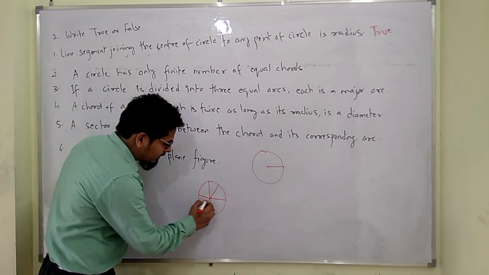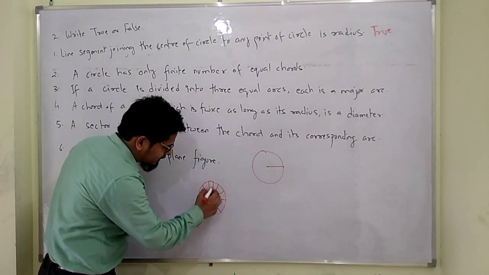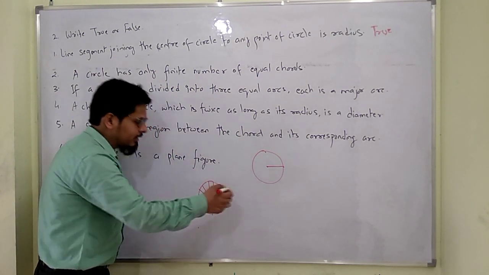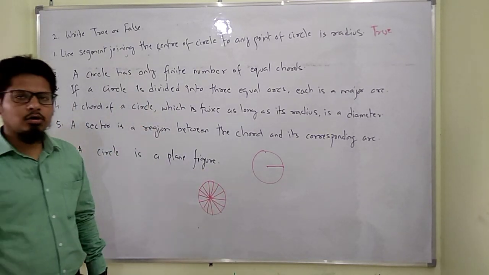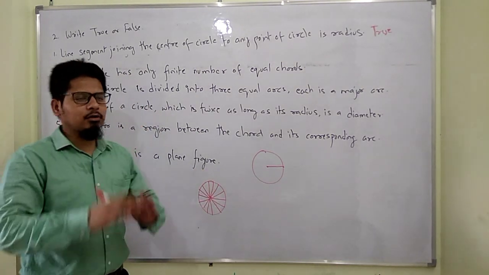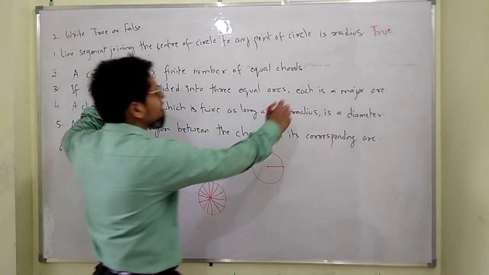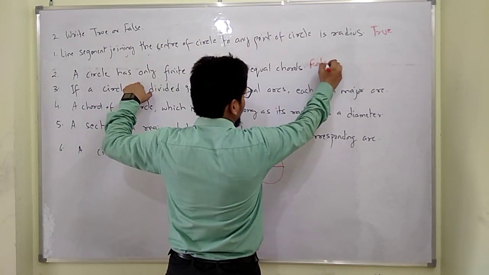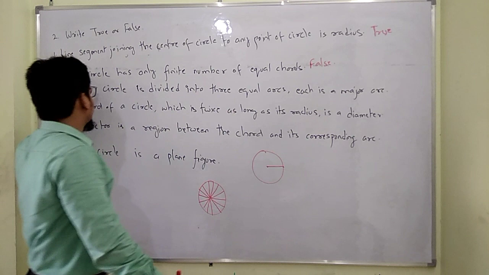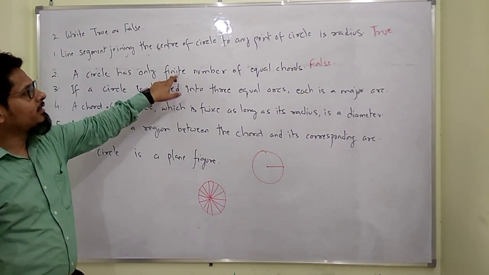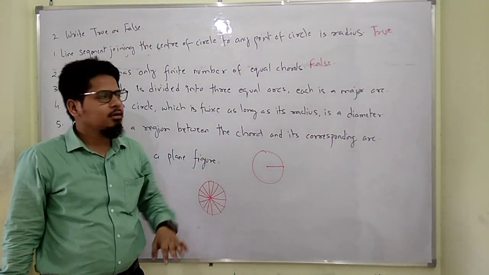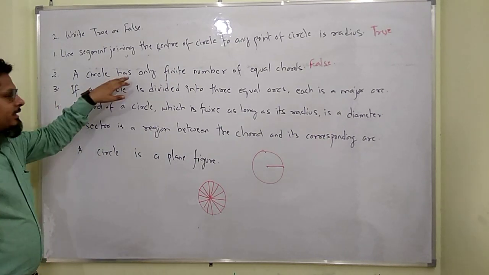So now we can draw infinite chords here. There is no limit to draw the equal chords. So this is false, and the reason is that a circle has an infinite number of equal chords, right? And this is the right statement.